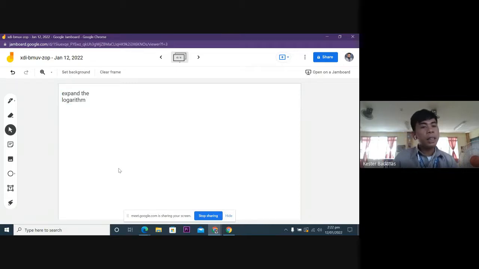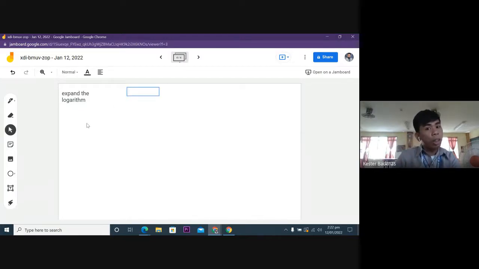Class, pag nag-e-expand tayo ng logarithm, meron tayong technique kung paano gawin. O, ito yung gagawin nyo ha. Kapag nag-e-expand tayo ng logarithm, unahin nyo muna si quotient rule. Kapag walang quotient rule, edi laktawan. Next is, isunod yung product rule.